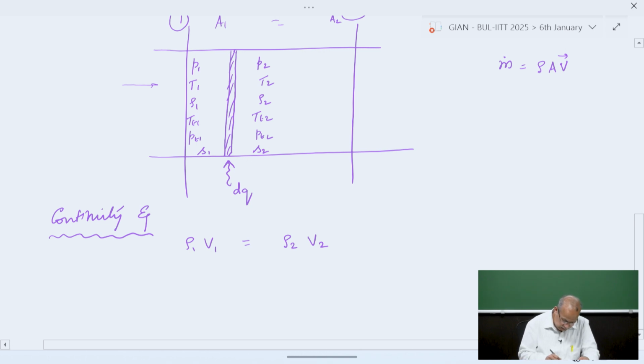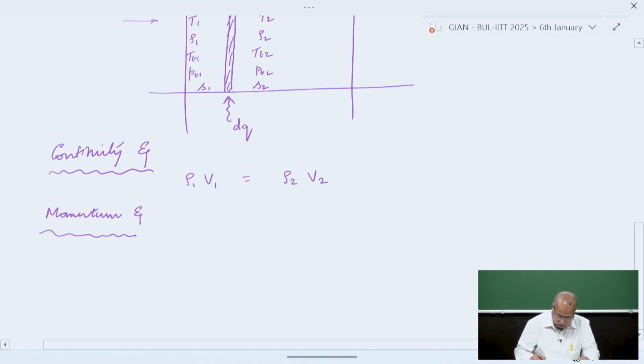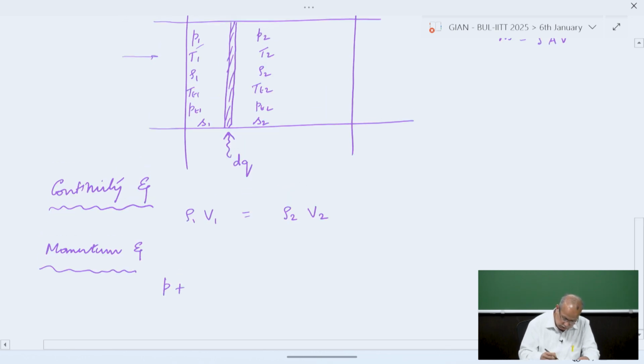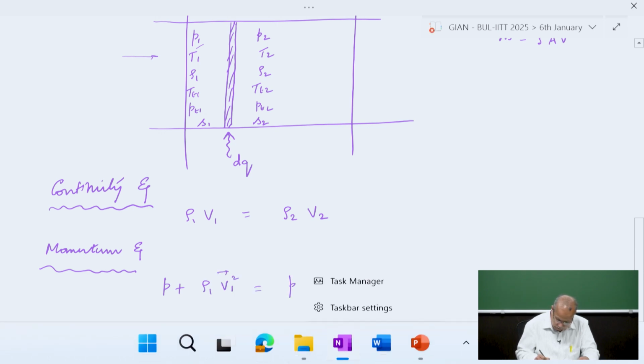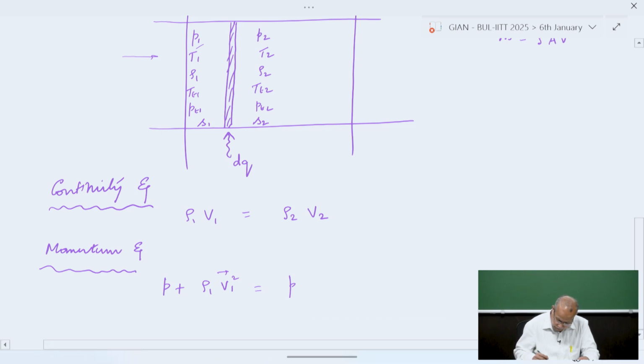The second governing equation is the momentum equation. The momentum equation is P1, the pressure at this point, plus rho 1 V1 square is equal to P2 plus rho 2 V2 square.